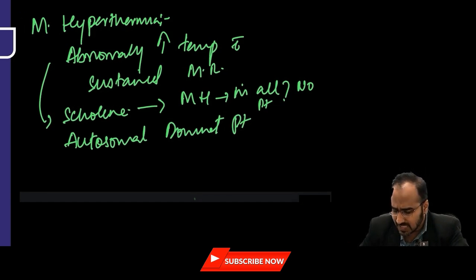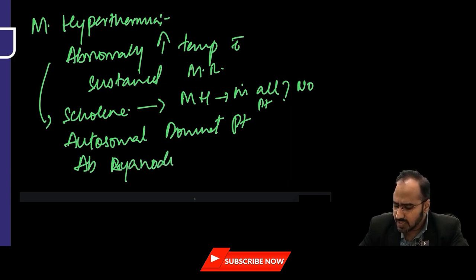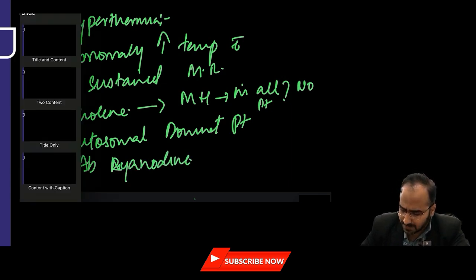These patients will have a receptor called the abnormal ryanodine receptor. What will scoline do? Scoline goes towards this abnormal ryanodine receptor. Imagine this is the receptor. If we give scoline to an autosomal dominant patient, it goes towards the abnormal ryanodine receptor and stimulates it.